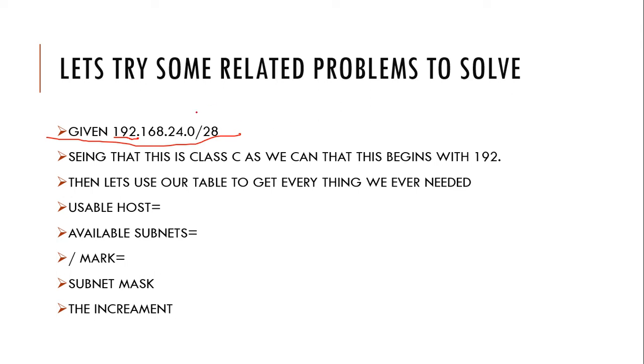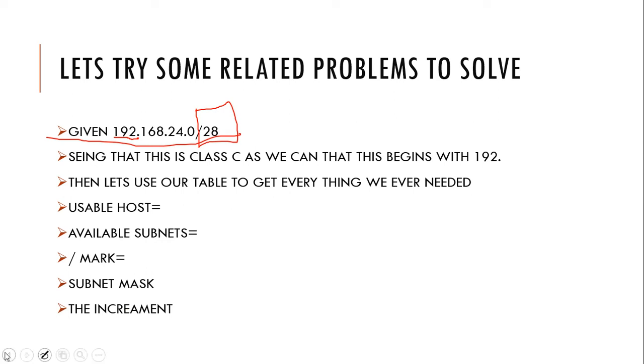The only thing I can use from this one is the slash mark. We are given a slash mark here, and it will lead us into whatever we need. Let's use our table in order to get our usable hosts, subnets, slash mark, subnet mask, and the increment. We're gonna see later how the increment works.